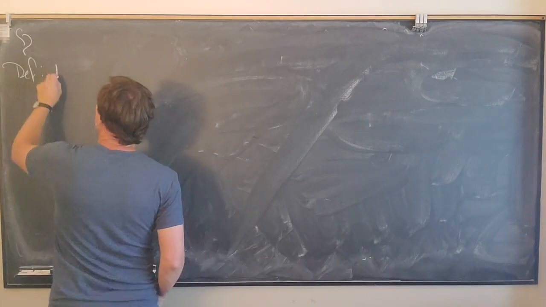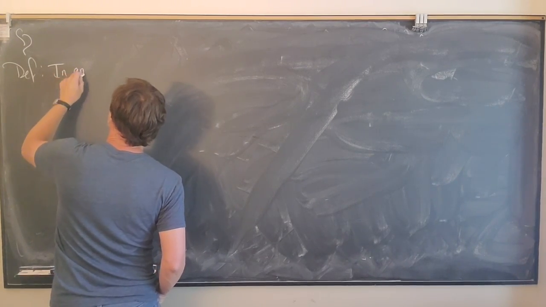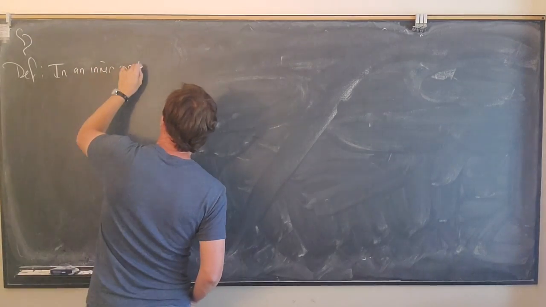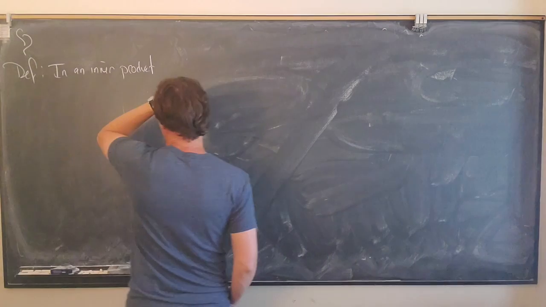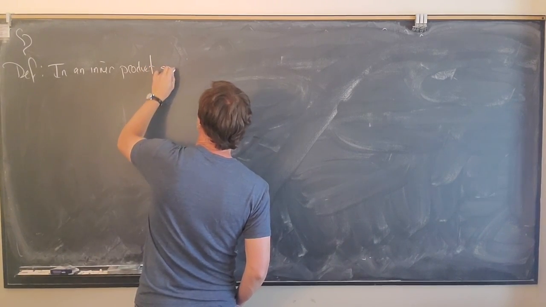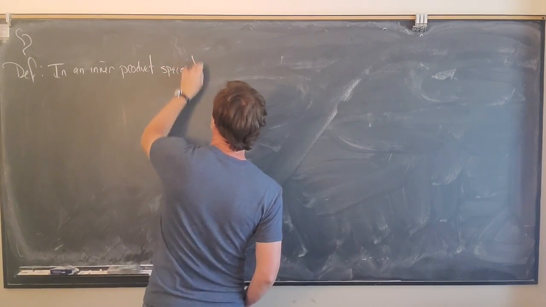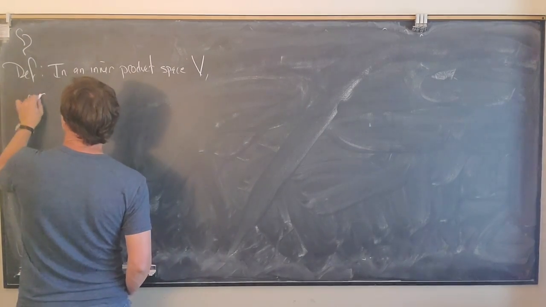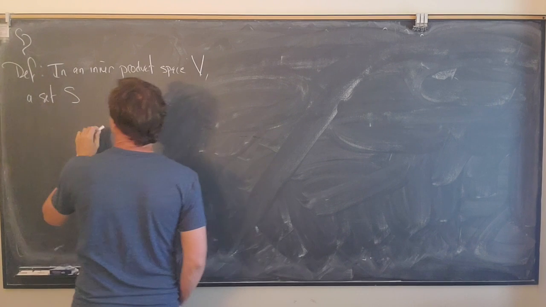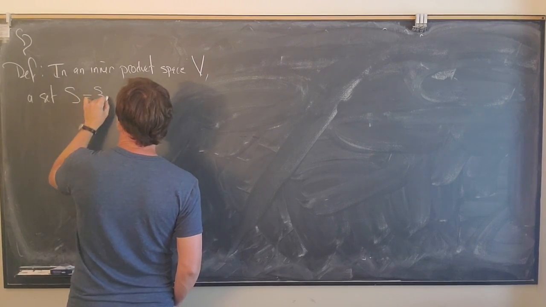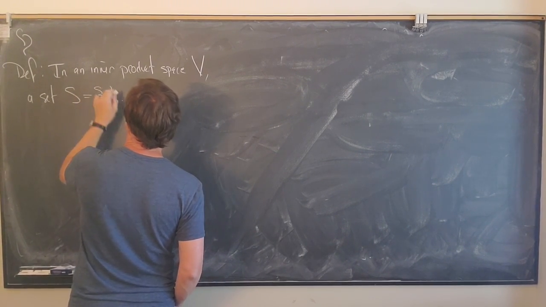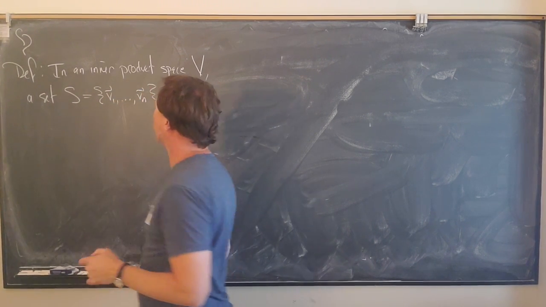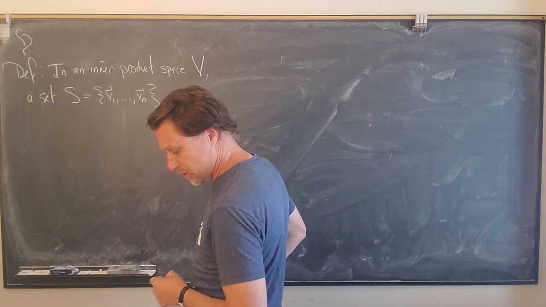In an inner product space, say V, a set capital S equal to, so this is just some collection of vectors, V1 up through Vn. And there's two parts of this definition really.